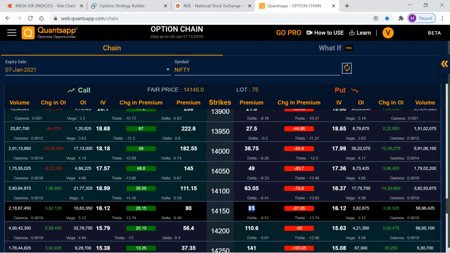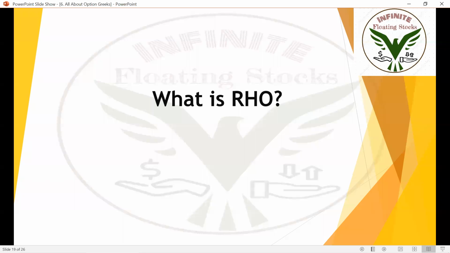So this premium moves faster than this premium because Vega is higher for the at the money strike and lower for the out of the money put strike. If Vega is less, this premium moves with less speed. Here Vega is high, so this premium moves with high speed. That's all you need to remember when you think about Vega.